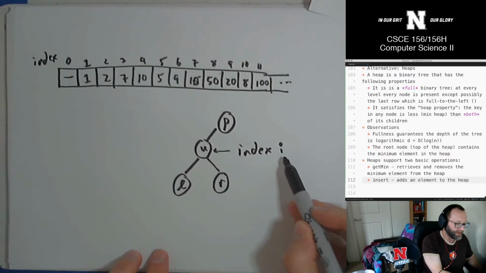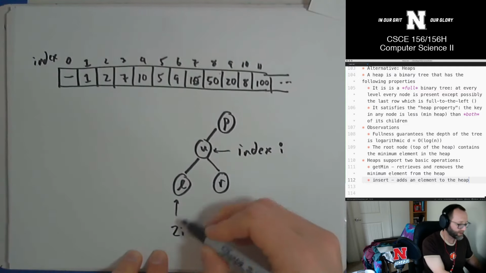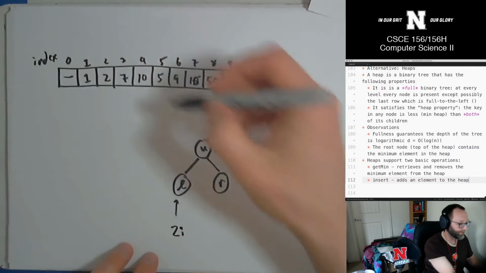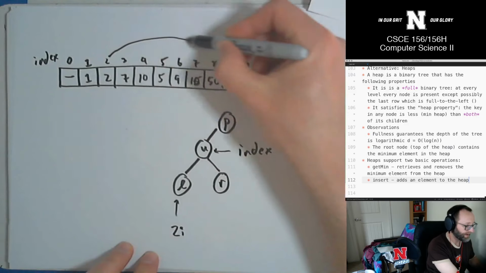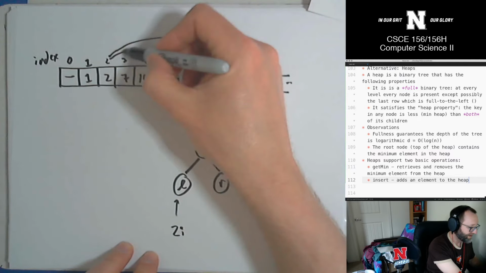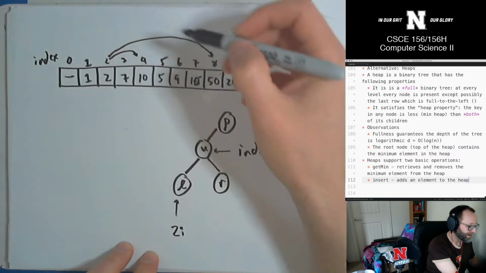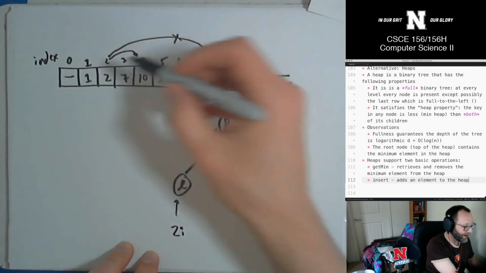If this is at index i, its left child is at index 2i. In other words, all we have to do is double it up and jump. Here's 2. 2 times 2, double that up, it's at 4. And where is its right child?